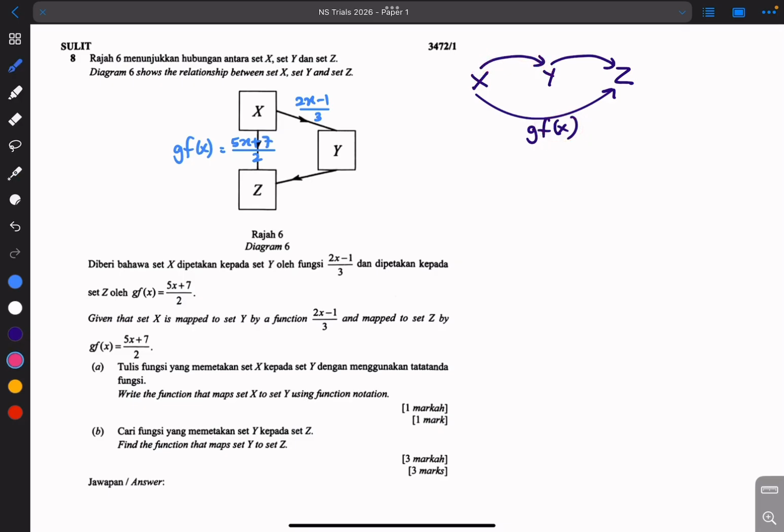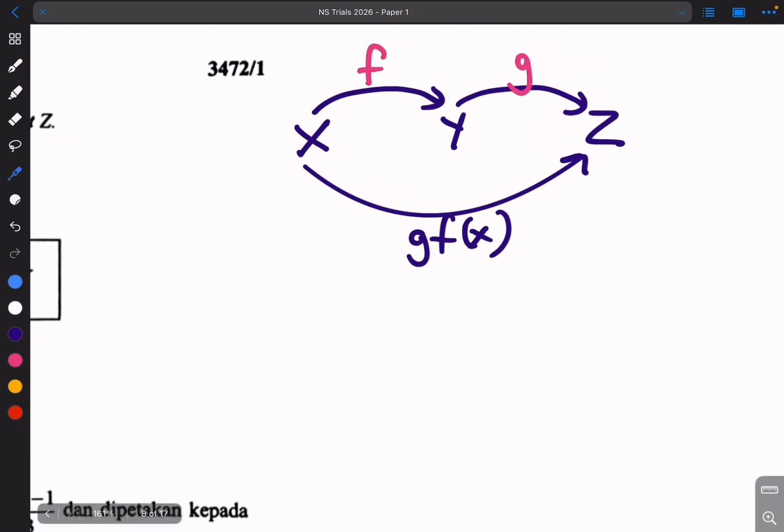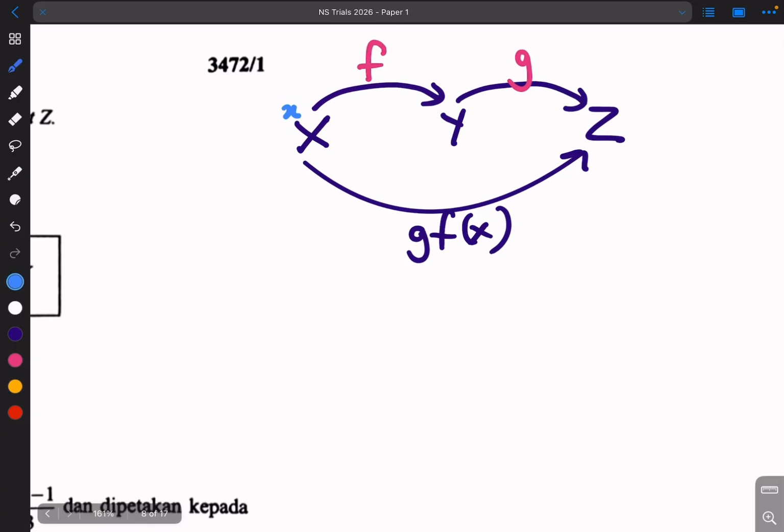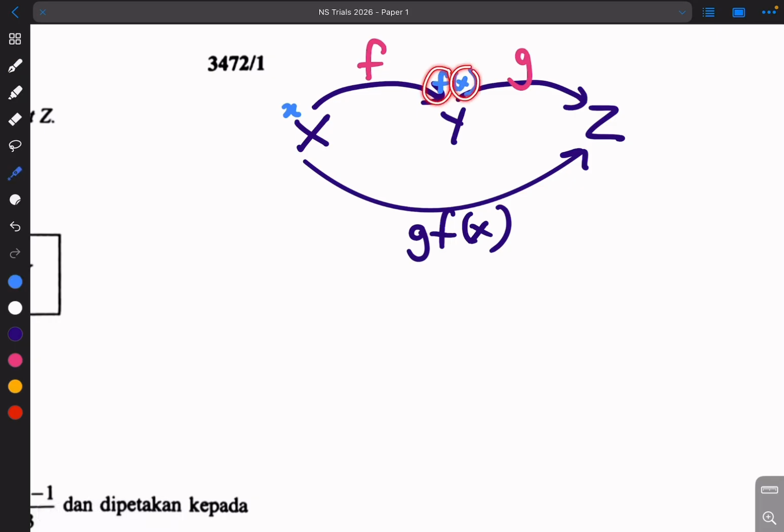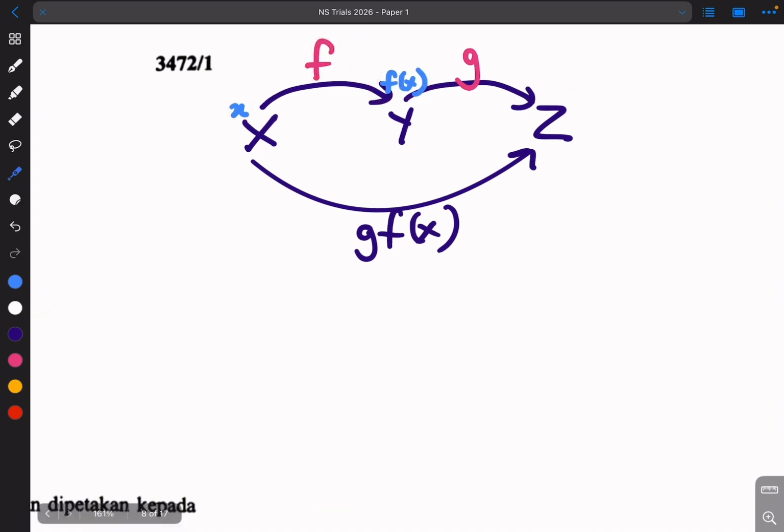So this one is actually f of x and this one is g of x. So how do we get this? Basically, if this was x, the function f of x will get us f of x here.